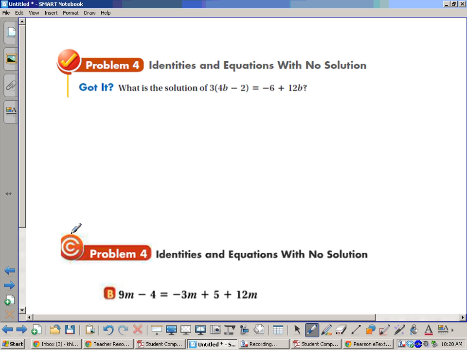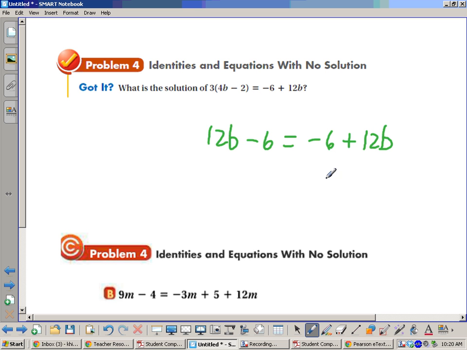The last two problems we're going to do today are going to involve the identity and no solution problems. If you remember from our definition, an identity is when we get the same thing on both sides. And a no solution is where it is not possible to get an answer. So we're going to go ahead and distribute this 3 to get 12b minus 6 equals -6, excuse me, plus 12b.